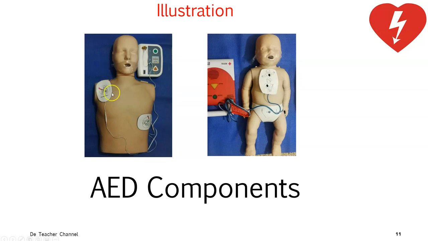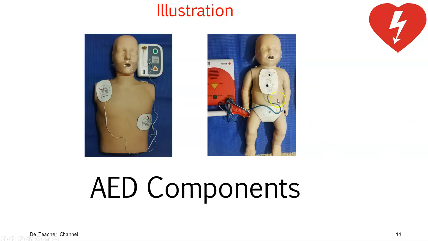So when the heart reading is detected, the message is transmitted to the machine. So the machine interprets it, and then if a shock is recommended and the shock button is pressed, the shock goes through the connector and then through the pad into the heart to do the job.